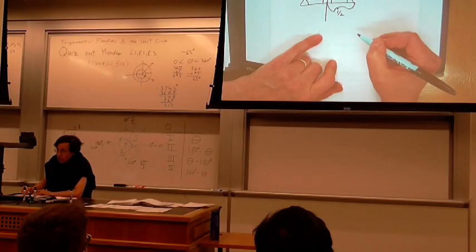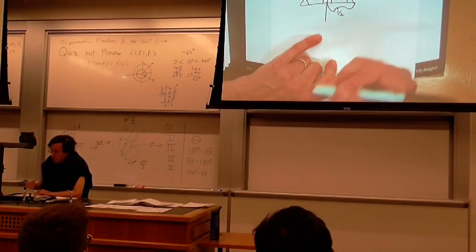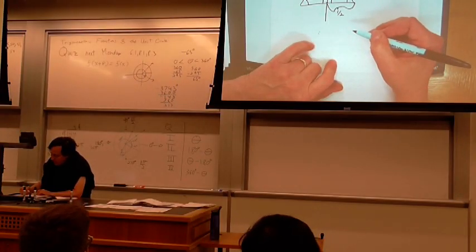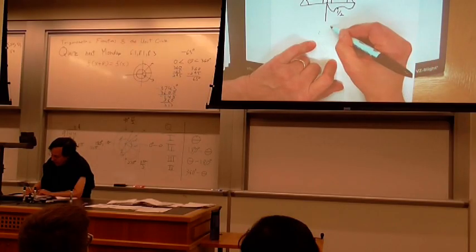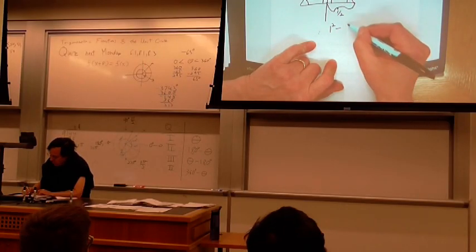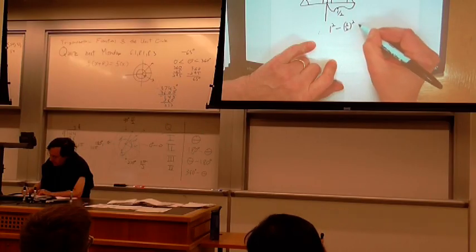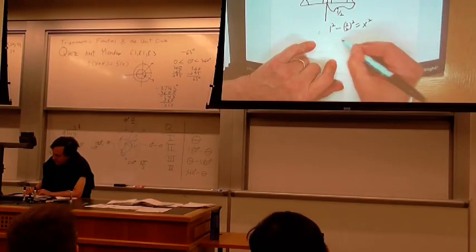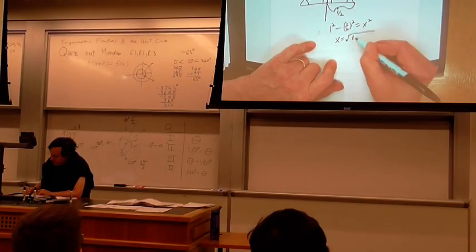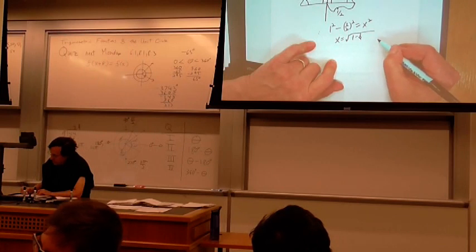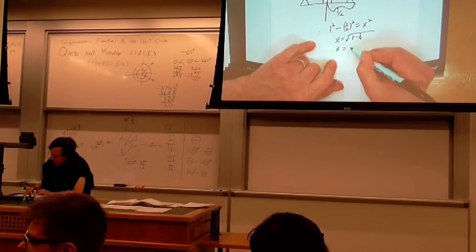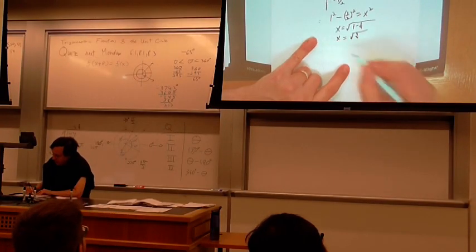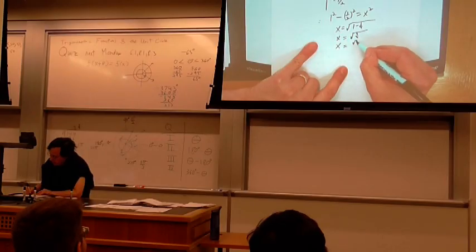Well, what famous theorem are we going to use? Pythagorean theorem. That tells us 1 squared minus 1/2 squared is going to be equal to, let's call this x squared, or x is the square root of 1 minus 1/4. So x is the square root of 3/4, and simplifying, x equals the square root of 3 over 2.